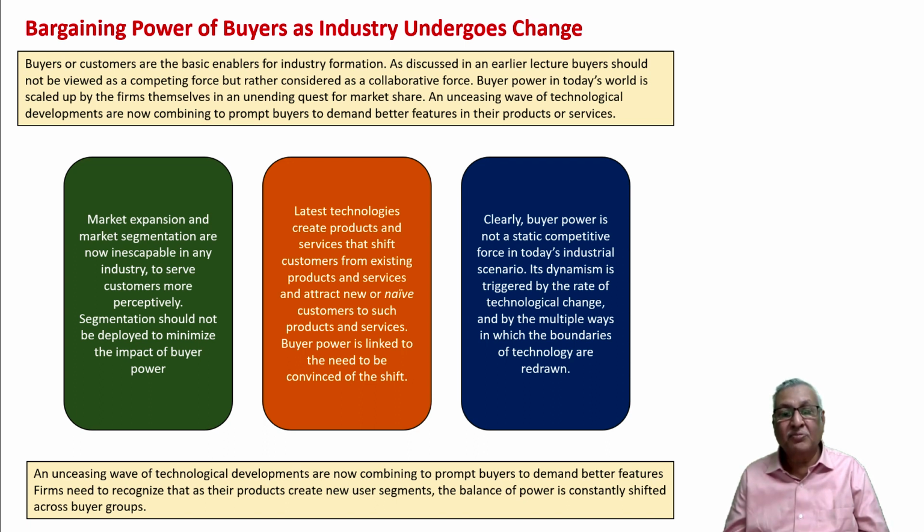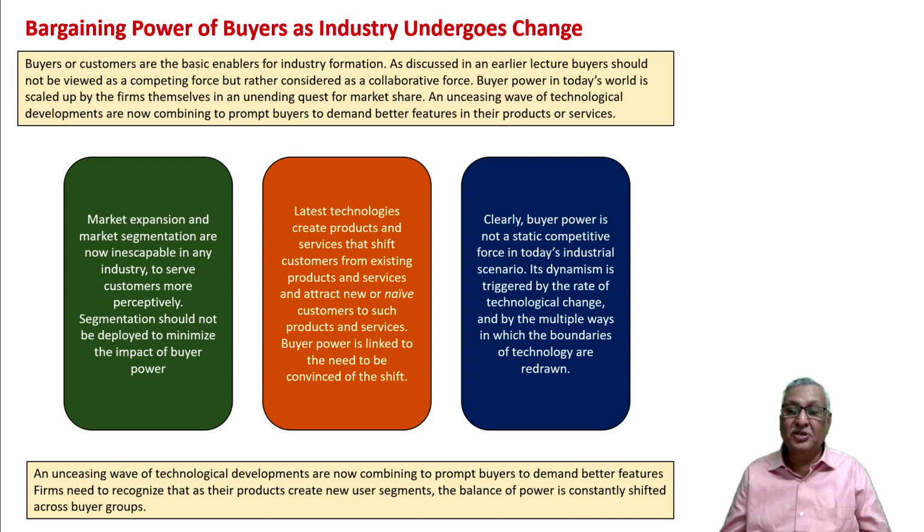Latest technologies create products and services that shift customers from existing products and services and attract new customers to such products and services. Buyer power is thus linked to the need to be convinced of the shift. Clearly, buyer power is not a static concept. It is not a static competitive force in today's industrial scenario.